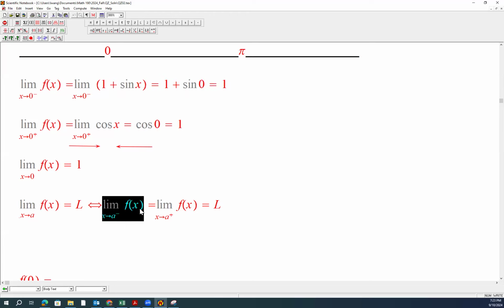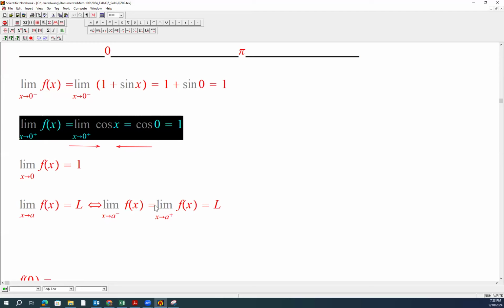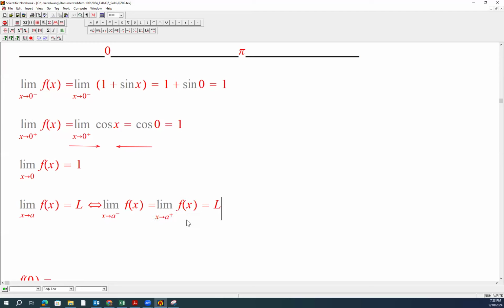So we clearly see that you know how to apply the theorem. That's what you want to show us, that you understand the theorem. That's why you do the left limit and the right limit, and the left limit from 0 and right limit from 0 equal the same number. Therefore, the limit at 0 equals 1. When you express it, you should have a negative sign on the shoulder and a positive sign on the shoulder.